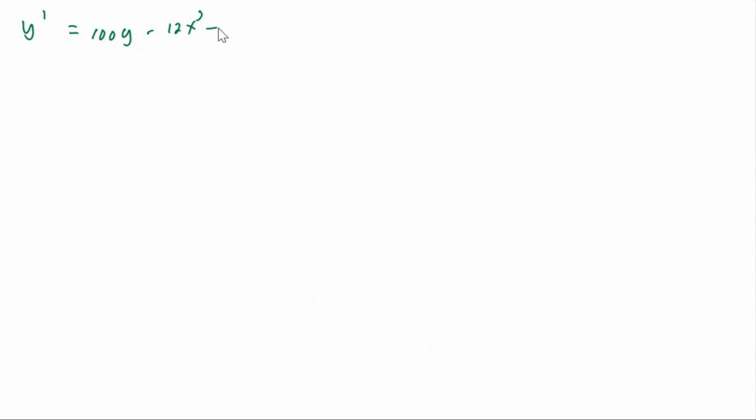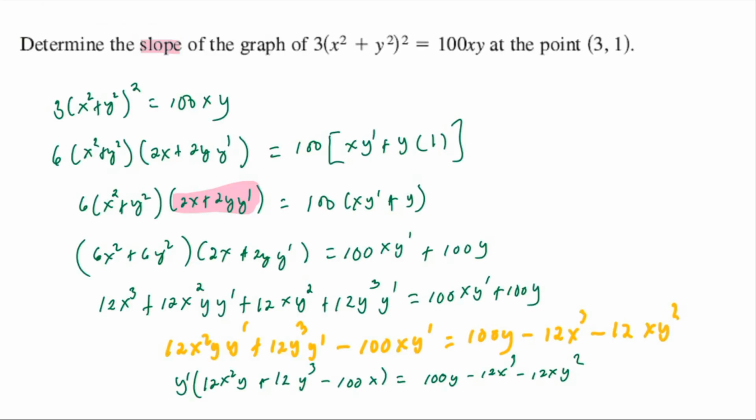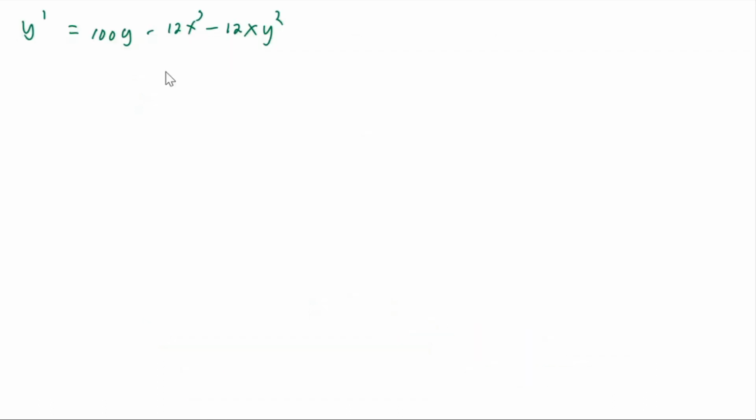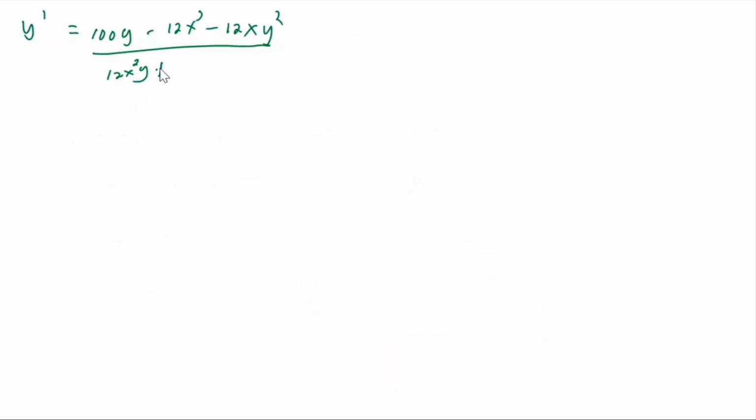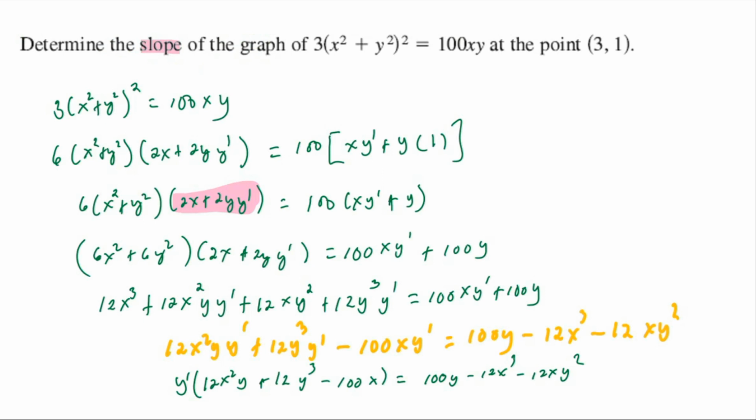Am I correct? Yes. And then divided by this, we have the denominator of 12x squared y, the next term is plus 12y cubed, and the last term we have minus 100x.